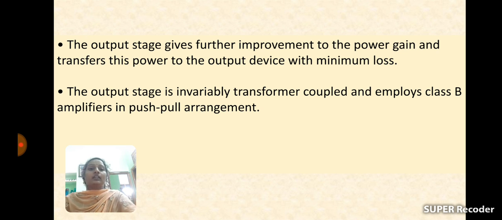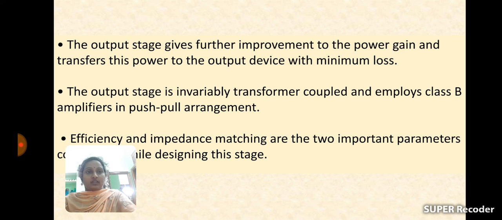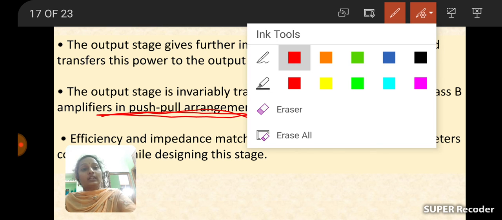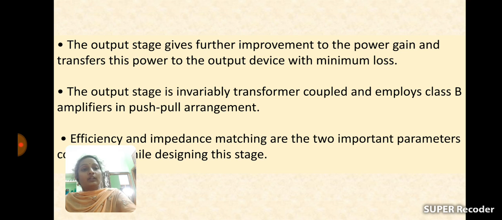If there is any distortion or disturbance in the signal, it must be eliminated with the help of the output stage. Then what does it contain? Class B amplifier. The output stage is invariably transformer coupled, and it employs a class B amplifier in push-pull arrangement. What is the need of push-pull arrangement? Because of the push-pull arrangement, the unwanted voltages will be eliminated.